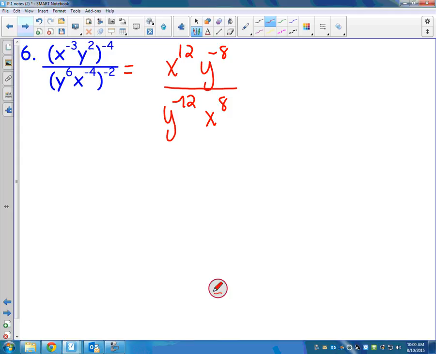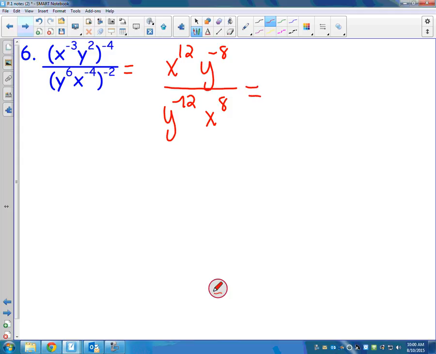Any questions on where I'm getting that? What do you think? Do you like moving the negatives, or do you just want to subtract? Make sure you only keep x's with x's and y's with y's. And it's just subtracting from here.